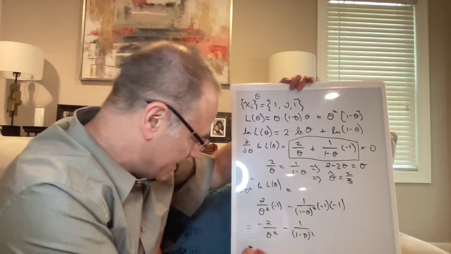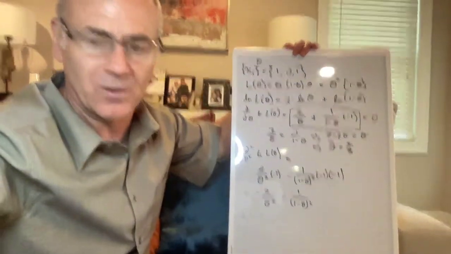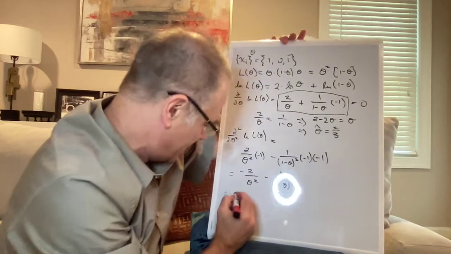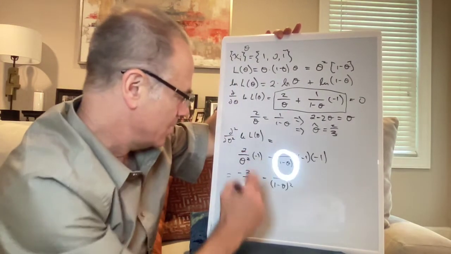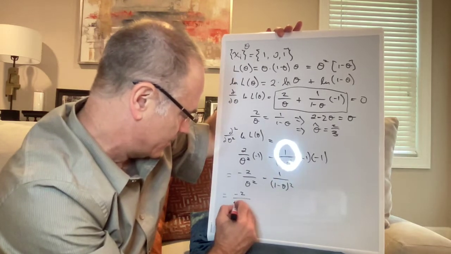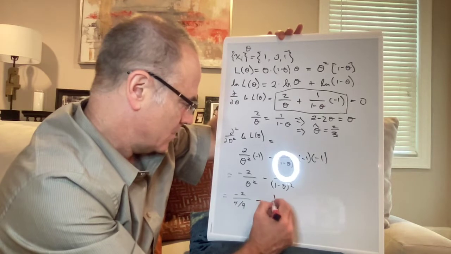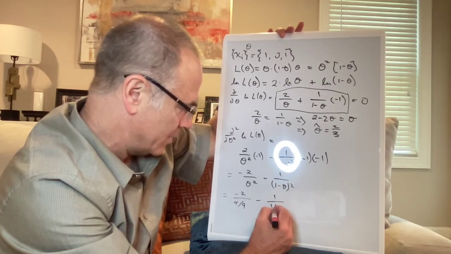So what that means is that the second derivative is going to be -2 over 2/3 squared, so 4/9, minus 1 over 1/3 squared, 1/9.